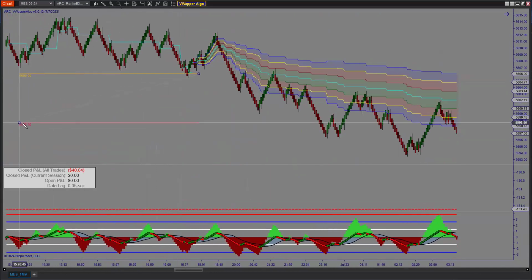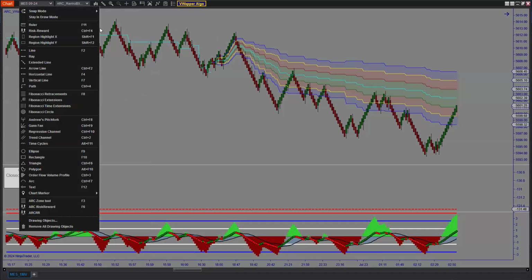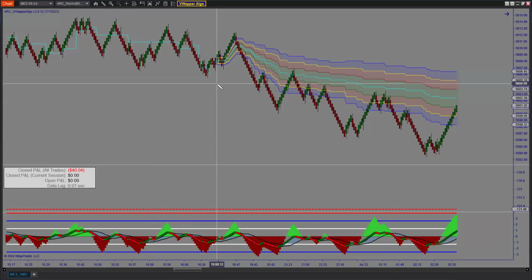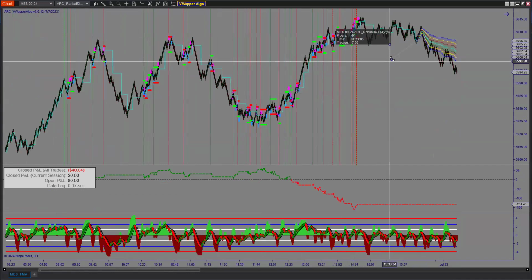How many bars do I have here? Let's look. Ruler is here. Dang it. Okay. So let's zoom out. Holy smokes.